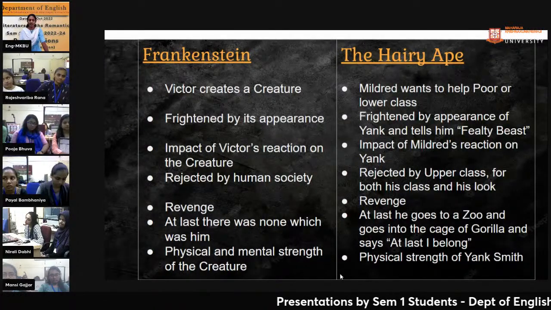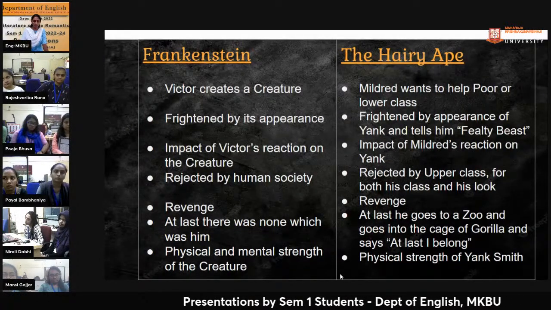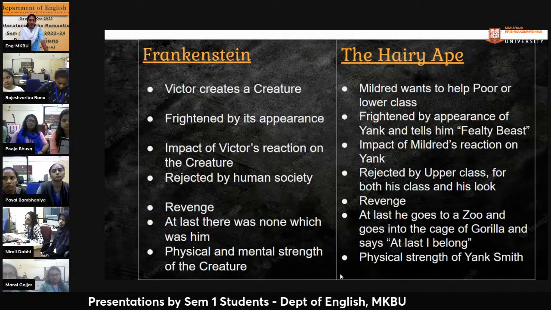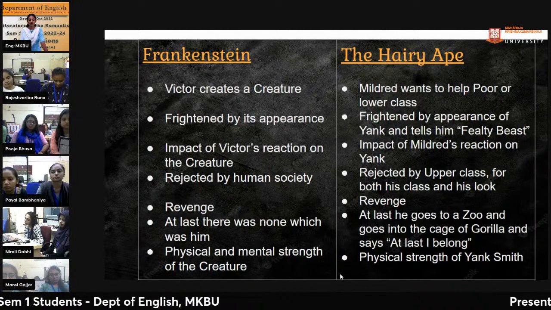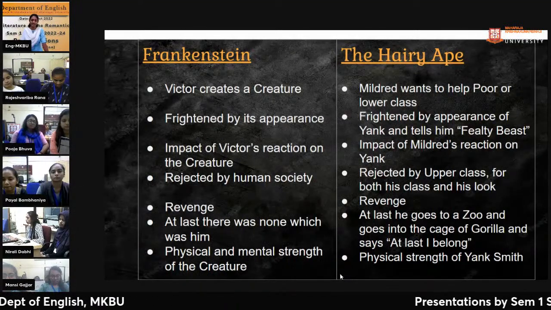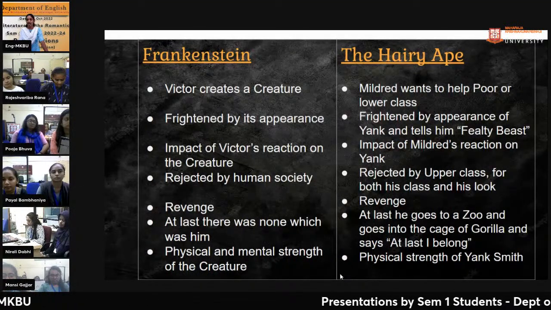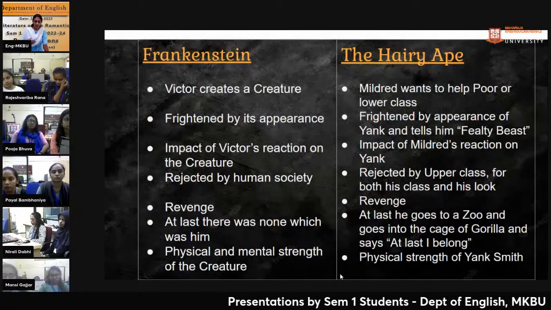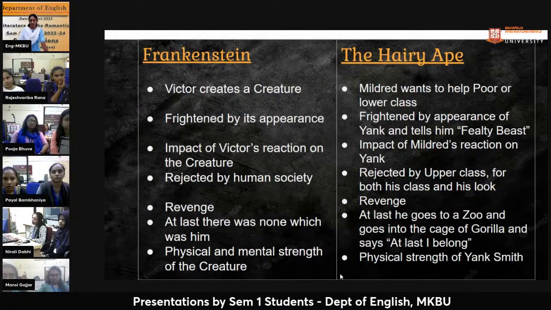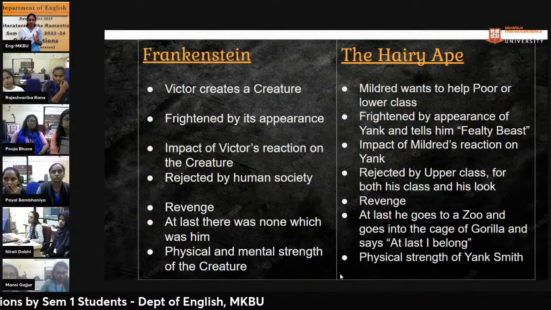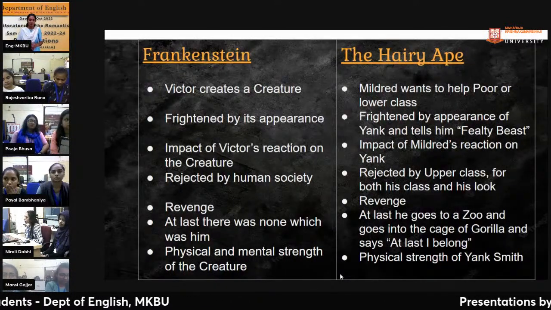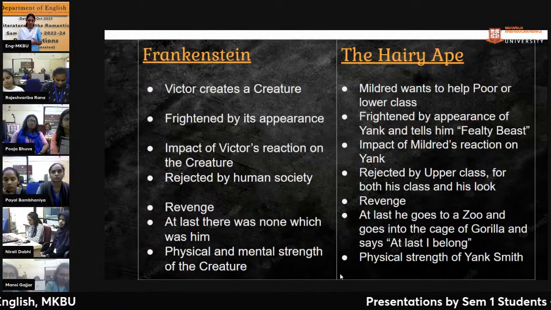And in the last scene of the play The Hairy Ape, Yank goes to a zoo, goes into the cage of a gorilla, and says, "At last I belong." He sees his own reflection in the gorilla. So the only one who belongs to him is the gorilla. No one is accepting him in society, or anywhere.